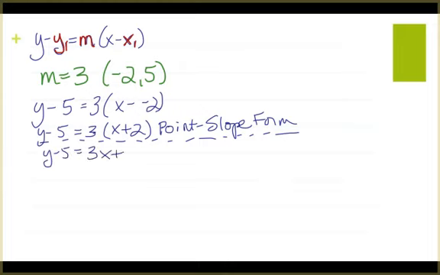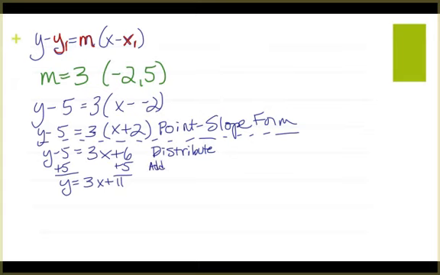Distribute. And then the only thing that's in the wrong spot is that 5. So every time that constant that's on the left is going to have to move to the right.